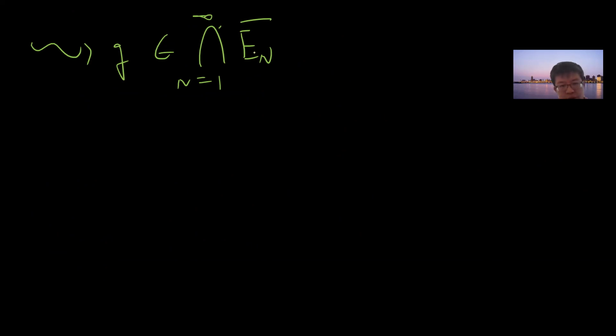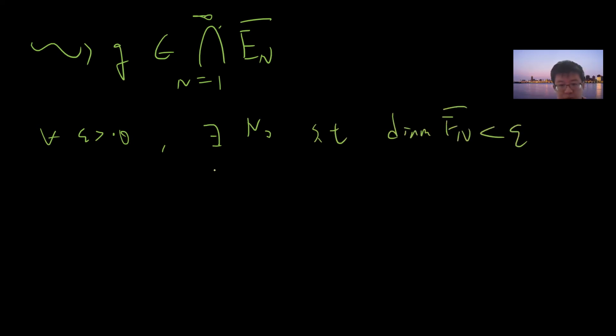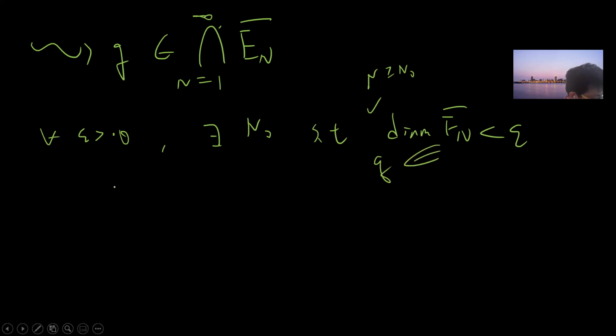Remember that the diameter is defined as a sup. So for any epsilon greater than 0, you can find an integer n0 such that the diameter of En bar is less than epsilon for n greater than n0, because the diameter converges to 0. By definition, Q belongs to En bar.